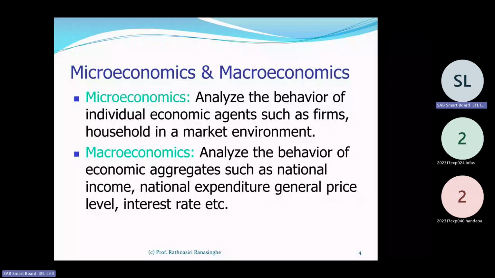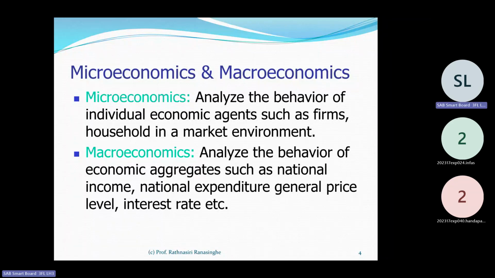Now we are going to study the producer's behavior and market impact, which comes under the theory of the firm. This part of the analysis will cover the theory of the firm. We look at how the producer behaves in a market environment, how the producer maximizes output in order to maximize the profit.